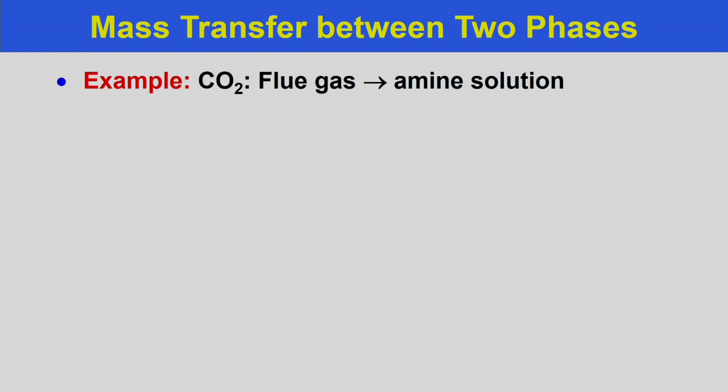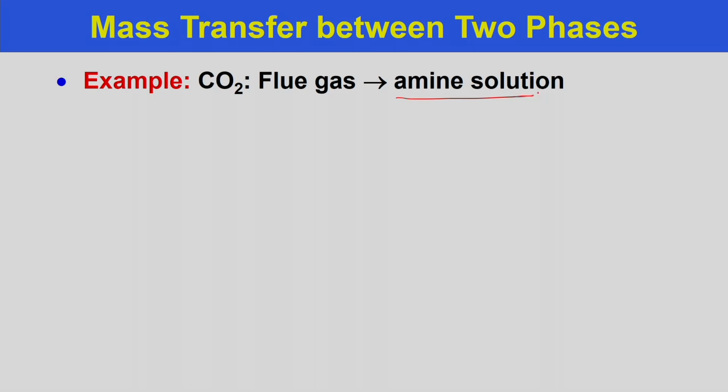Now, let us consider an example, say carbon dioxide which is obtained as a flue gas from power plants. Flue gas generally contains carbon dioxide with other impurities along with nitrogen, when we burn coal or natural gas as a fuel for power generation. So, what is generally done is the flue gas is contacted with a basic solution, which is an amine solution, and carbon dioxide is selectively transferred from the gas phase to the liquid phase.